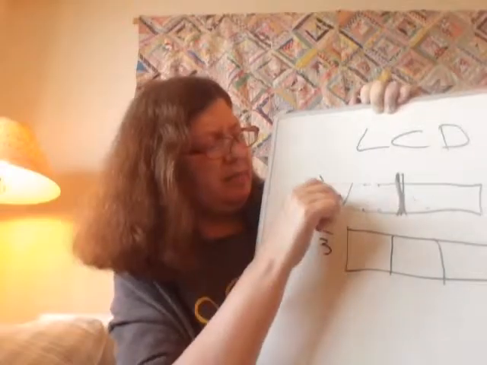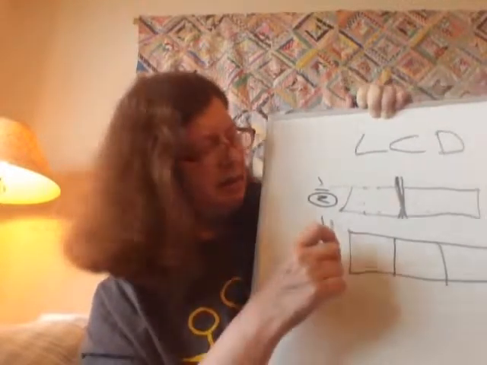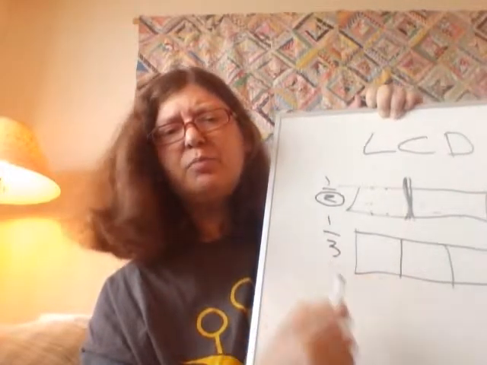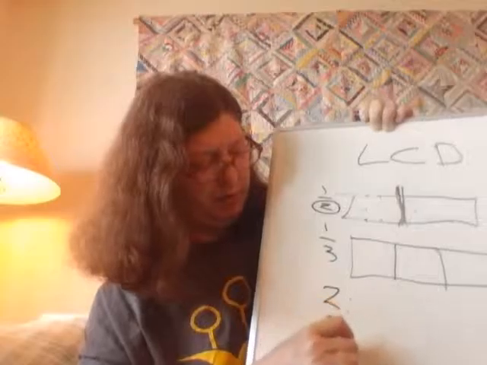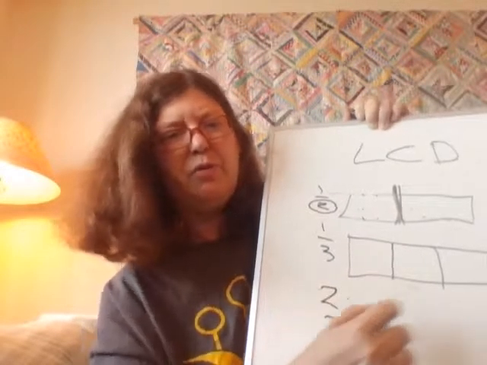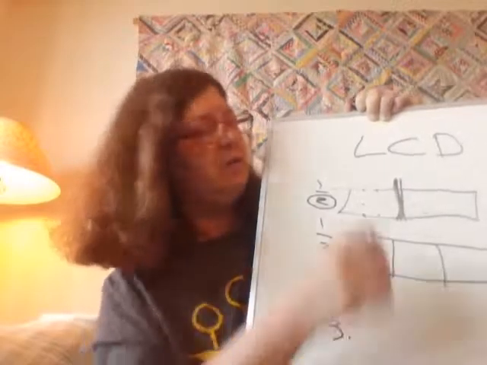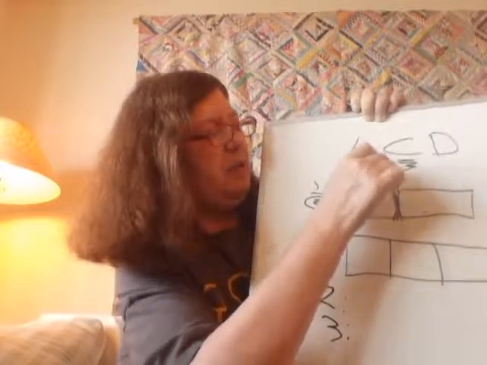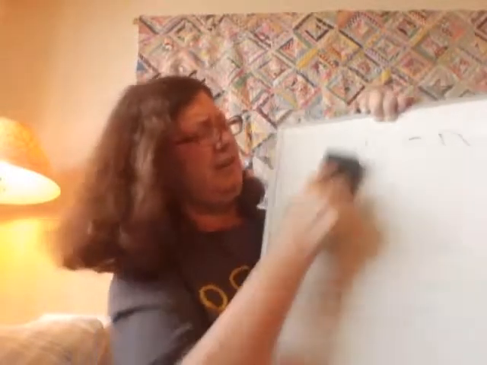Anything that's not a multiple of 2 won't work, right? Same thing with thirds. Anything that's not a multiple of 3 won't work. And that's why we take 2 and 3, find their multiples, and find the common one, and the smallest one.